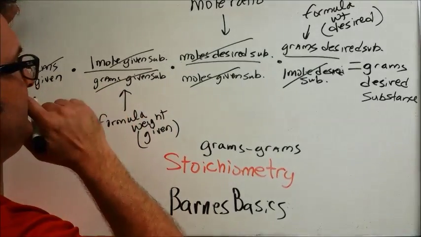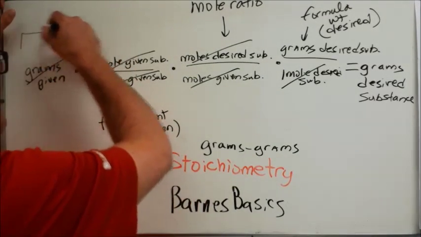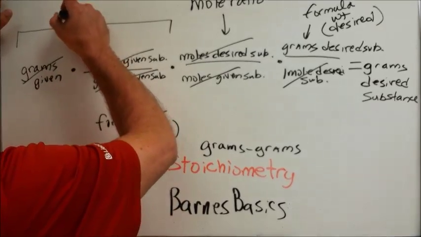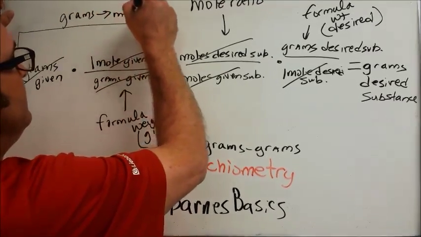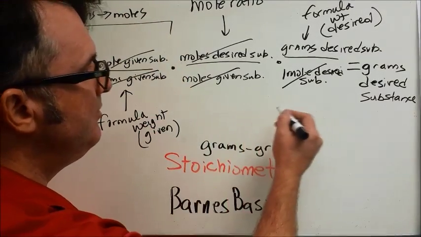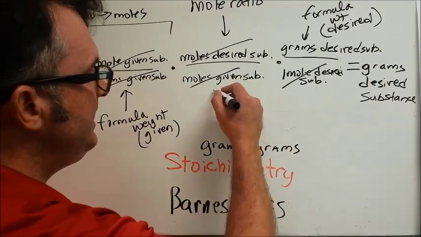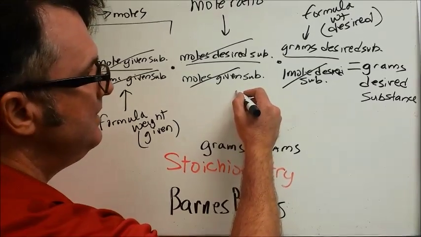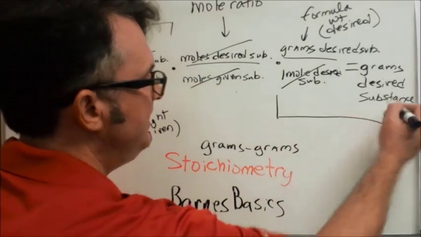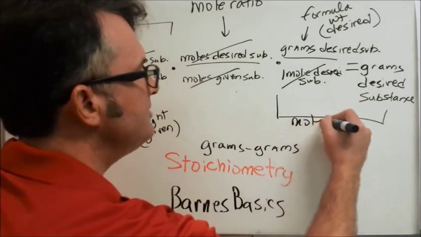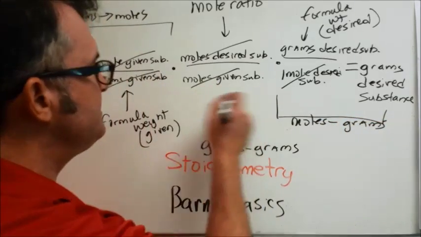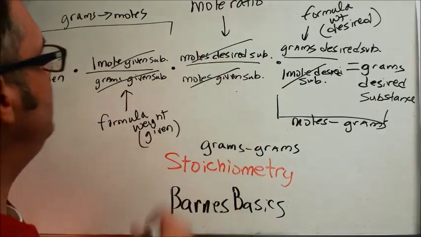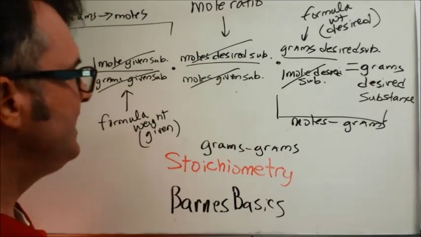So in this step, we are going from grams to moles, and then when we go from here to here, we're going from moles to grams. And the center of the bridge is this mole ratio.